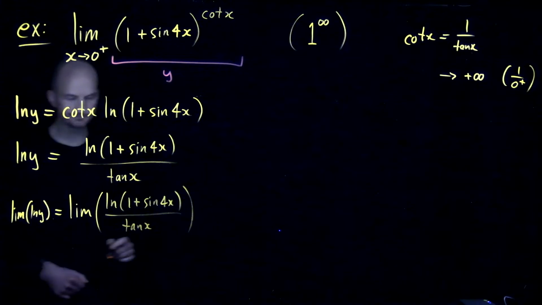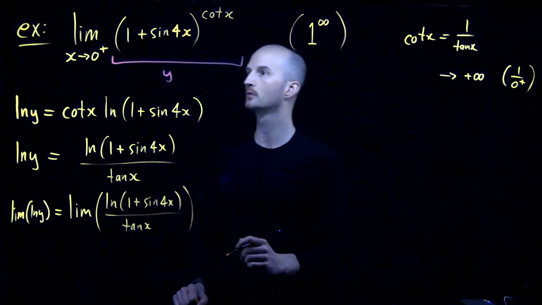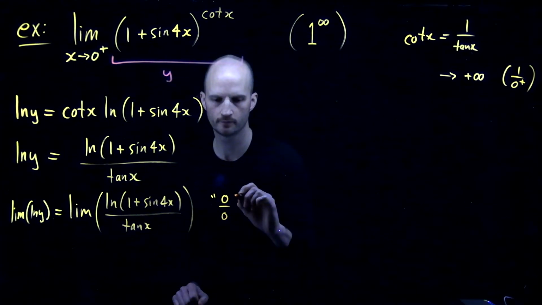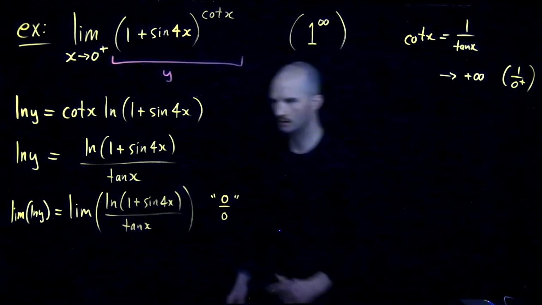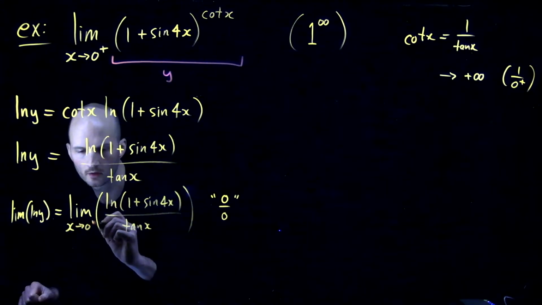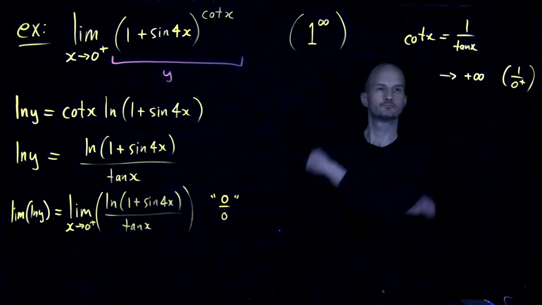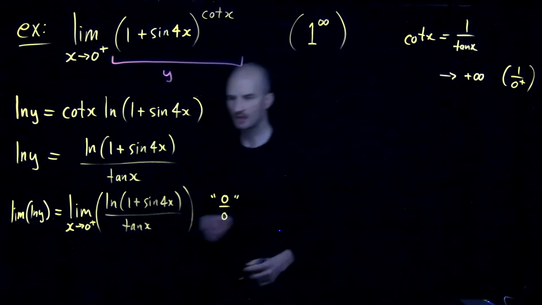Then what's happening here? This is the form 0 over 0, where x goes to 0 plus. So I can use L'Hopital's rule.